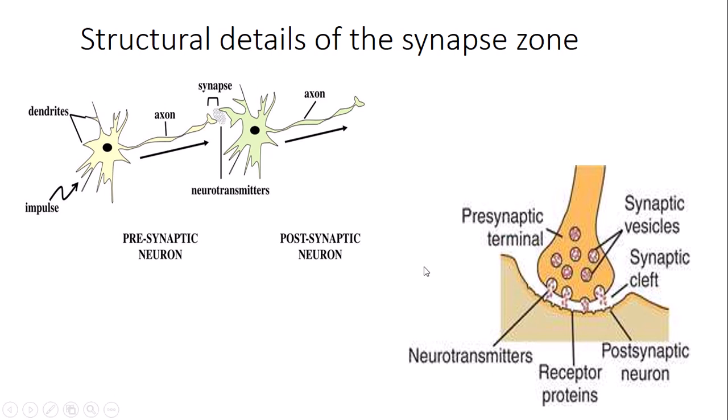And on the opposite side, on the other neuron, this is the postsynaptic neuron, obviously, we have receptor proteins. And you'll find out their functions later on in this activity. Now again, let me repeat, this is the presynaptic neuron and this is the postsynaptic neuron. Pre means before, post means after.